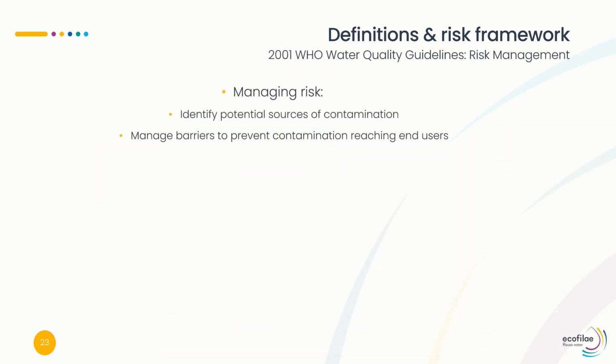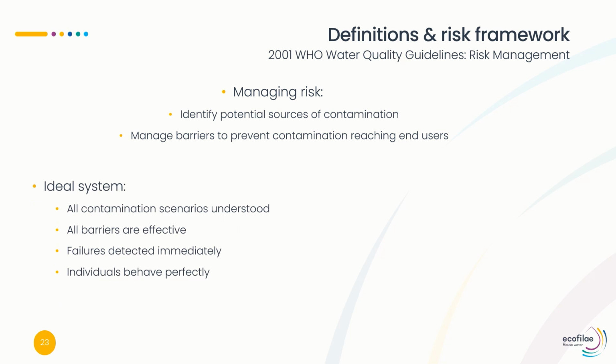To summarize, at its most simple, waterborne disease risk management involves identifying potential sources of contamination and managing barriers to prevent contamination reaching end users.